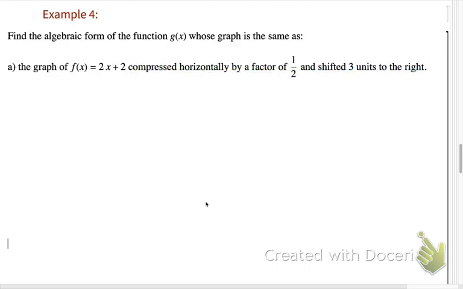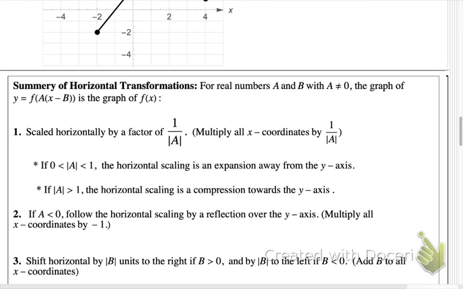Now, if I was to come back up here, notice that in step number 1, whatever the factor is that I scale horizontally by, right? So if I stretch by a factor of 2 or compress by a factor of 1/2, that's the reciprocal of A. If you look up at the general form of a transformation, it's f of A times x minus B. But what we're scaling horizontally by has something to do with the reciprocal.